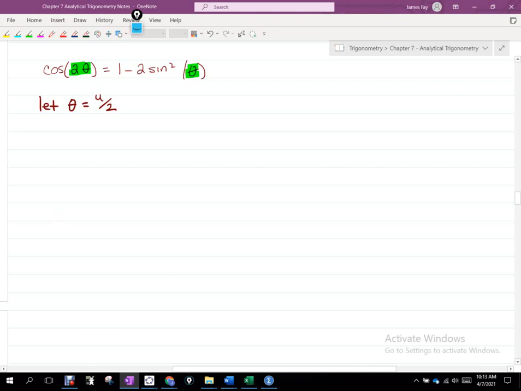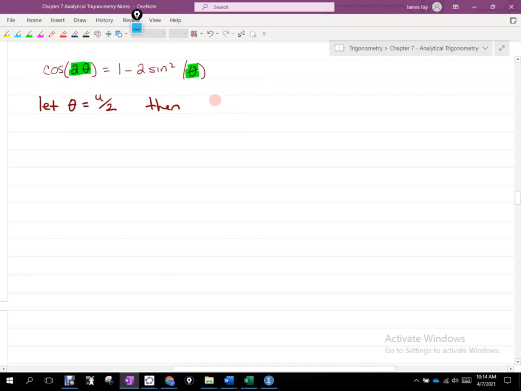Some textbooks call it alpha, some call it capital A, and then let theta be replaced with lowercase a over 2 or alpha over 2. But it doesn't matter what variables you use. But it is important to know that this u is going to be an angle measurement. Okay?